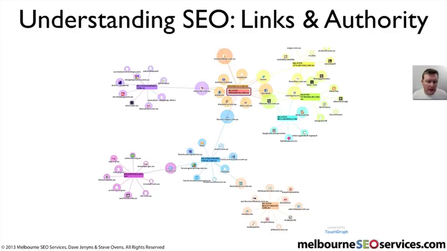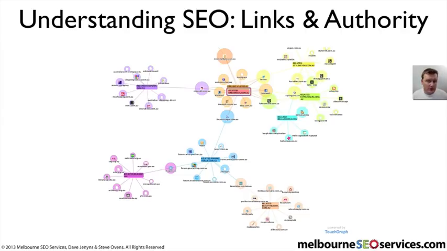What Google's really looking for is for you to get links from other trustworthy sites. That might be, for example, a news site or an established site that is trusted by Google, say in your industry, the Vogue forum, for example. But getting links from trusted sites, as well as links which have authority.